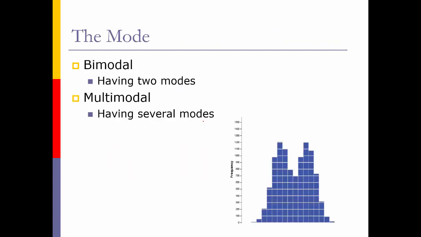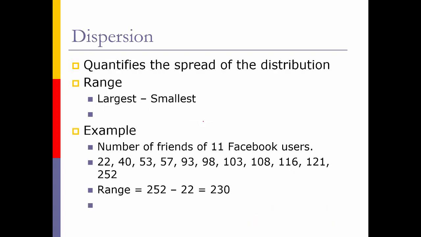In terms of mode, we really don't like having bimodal data or multimodal data. And this picture here really shows a picture of bimodal data. Dispersion is really the spread of the distribution or the range. Obviously this is affected by extremes as well.